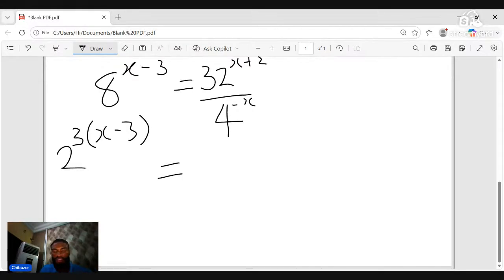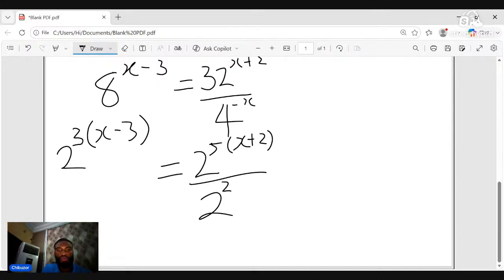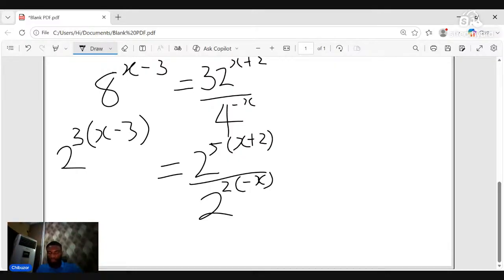We substitute 32 with 2 raised to power 5 in bracket x plus 2, divided by 2 raised to power 2 minus x. I hope it's clear until this stage. Please indicate if you understood it.